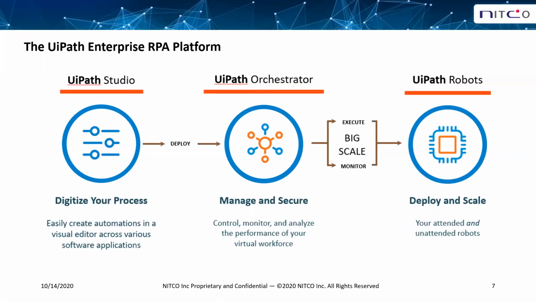UiPath Studio in general is like a developer IDE where you can simply drag and drop activities, let's say for reading a PDF, a text file, or an Excel file, or opening a website or any other desktop application. It is pre-built with a lot of predefined activities, where you can go into the packages, download whatever package you need, and use it in your workflow.